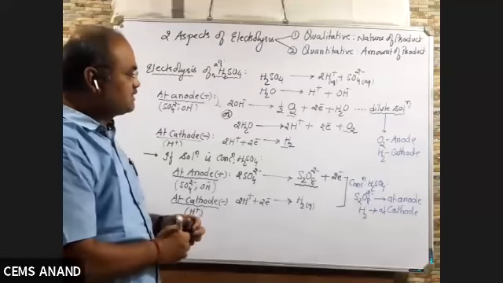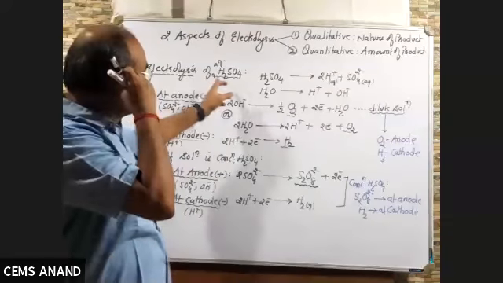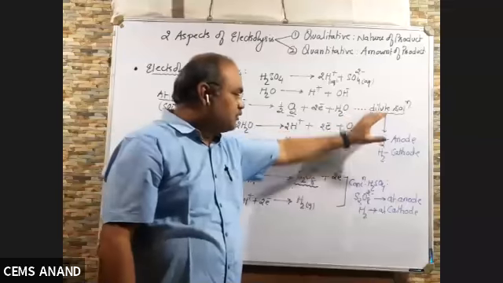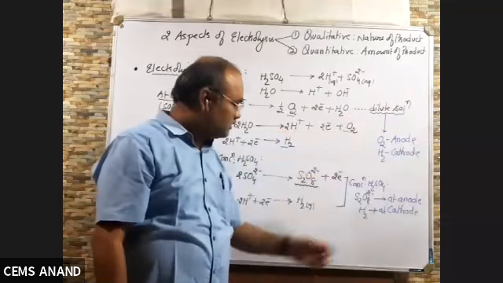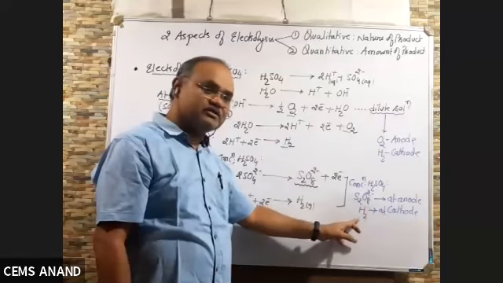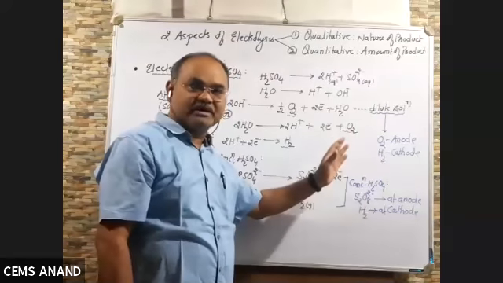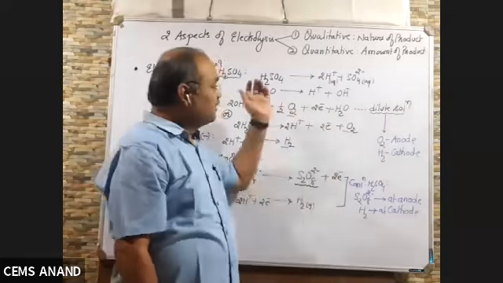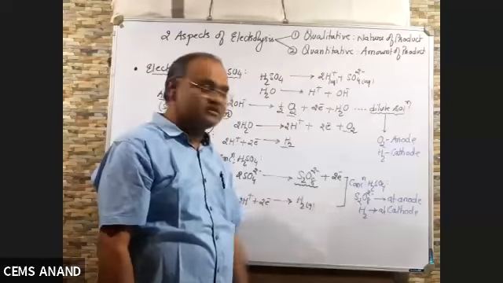So again, in case of sulfuric acid also, if you take dilute, the products are O2 and H2. If you take concentrated, the products are S2O8 2 minus and H2. So again, the nature of the product is different when the material is different. One is dilute, another is concentrated.